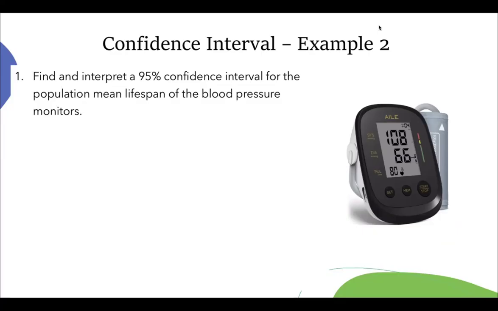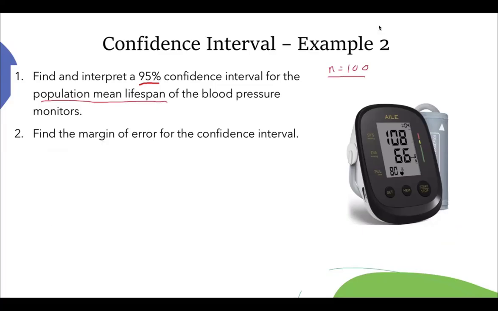Find and interpret a 95% confidence interval for the population mean lifespan of the blood pressure monitors. So what we're doing is using a sample of 100 of these monitors, and we're trying to estimate the population mean lifespan of blood pressure monitors based on the mean of the sample.